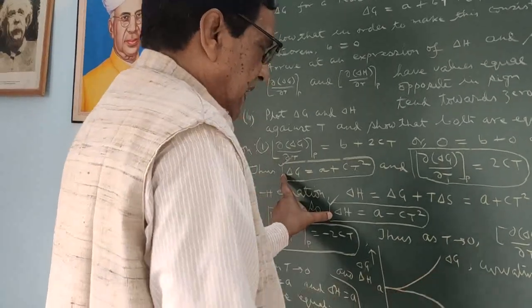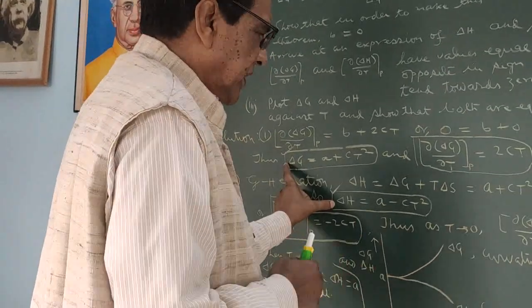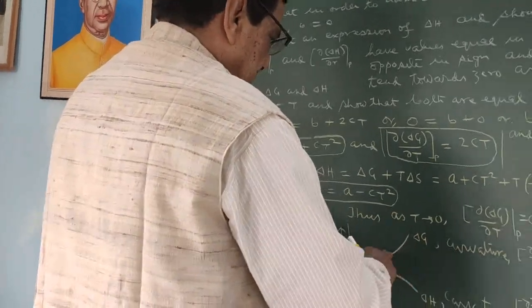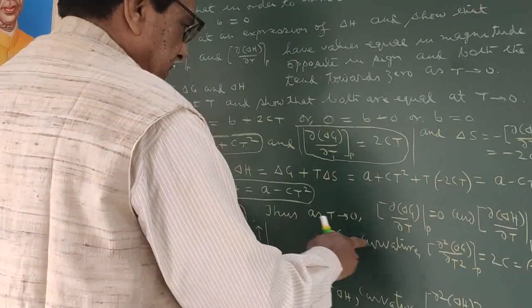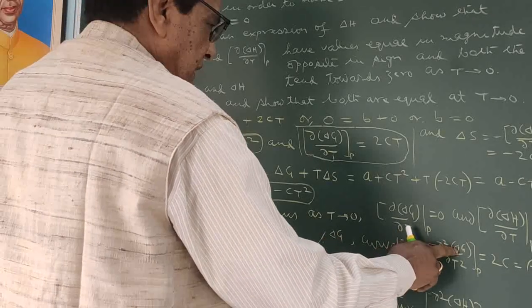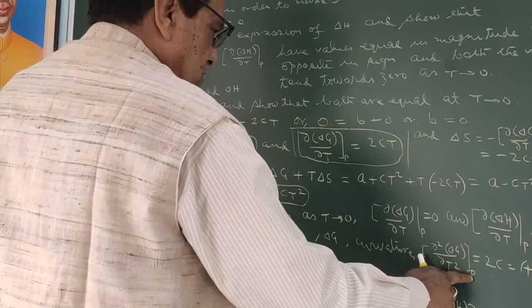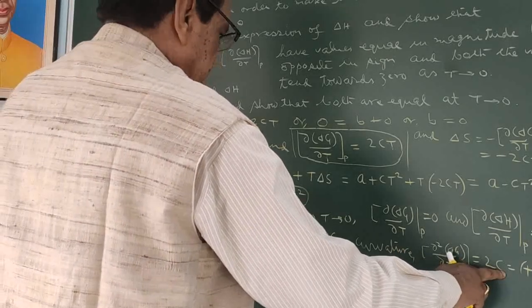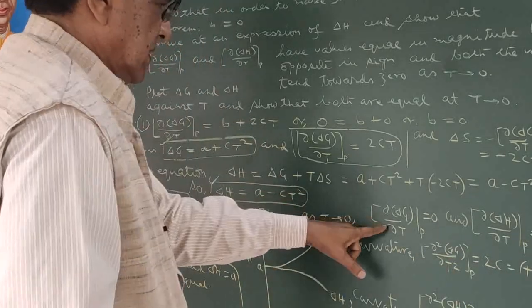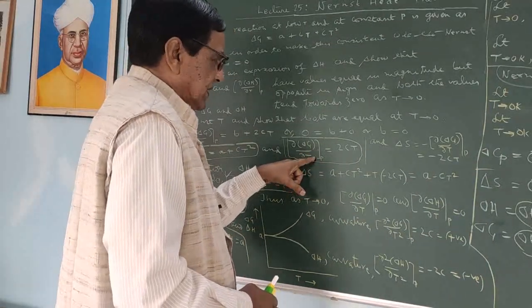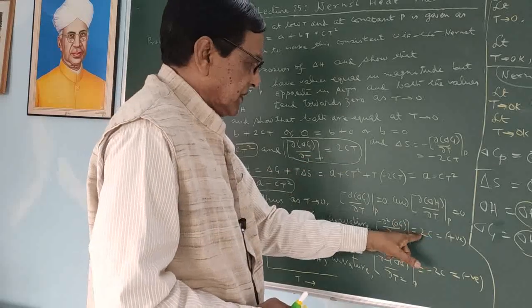Moreover, if we would like to find a more concrete idea of the curvature of this plot, del 2 delta G by del T square at constant pressure is positive 2C. This is again double differentiation, and it gives a plus 2C, positive.